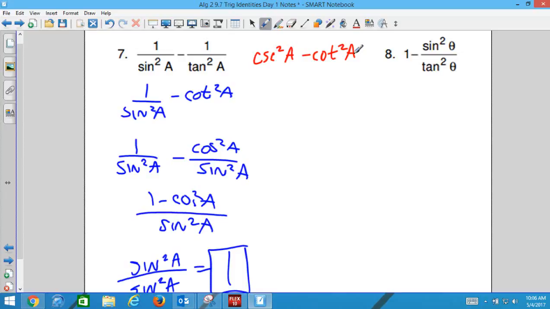So what is cosecant squared A minus cotangent squared A? It's 1. So I could do this same identity simplification in 2 steps instead of however many steps we just did. So there are other ways.